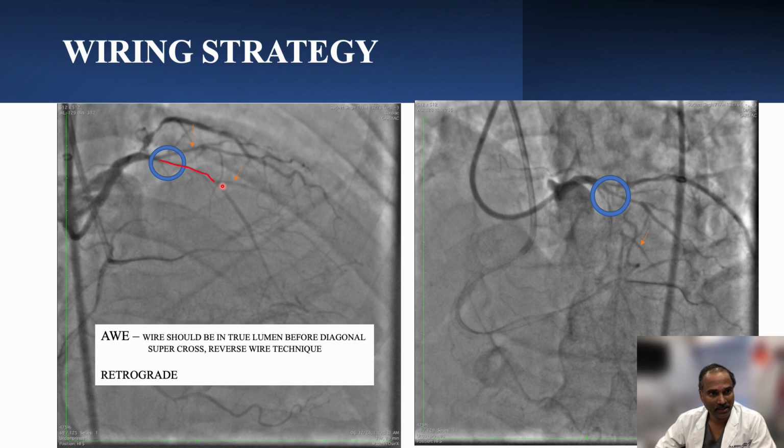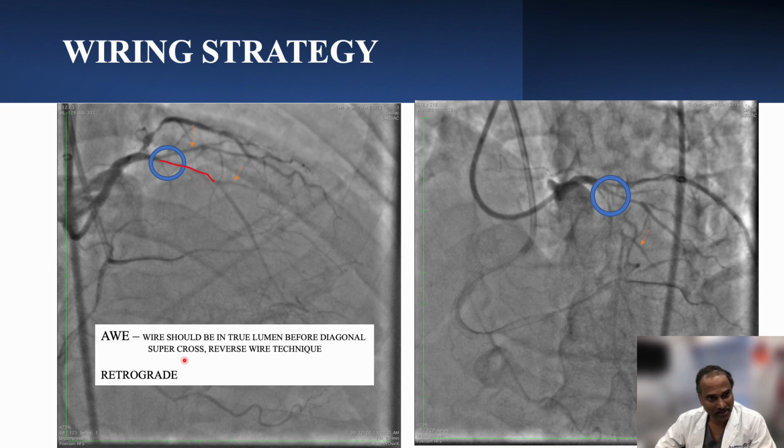If the antegrade wire, after successful IVUS guided cap puncture, goes subintimally and comes back into the true lumen beyond the D2, then we can use either a supercross or reverse wire technique to wire the diagonal, so that we can save flow into the diagonal.